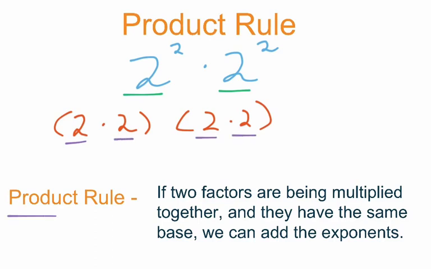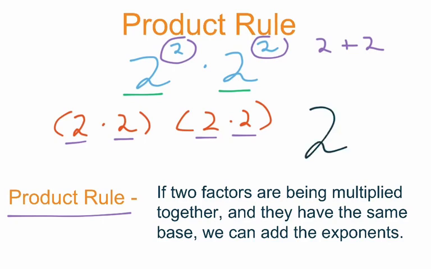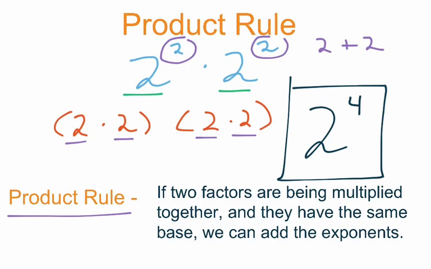So according to the product rule, if we have the same base we just add our exponents. 2 plus 2, you guys know I'll get 4. So I keep the base as a 2, and it's 2 to the 4th power. It's pretty straightforward, pretty basic when you have the product rule. As long as you have the same base, you just add the exponents.